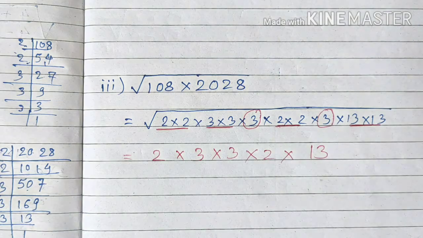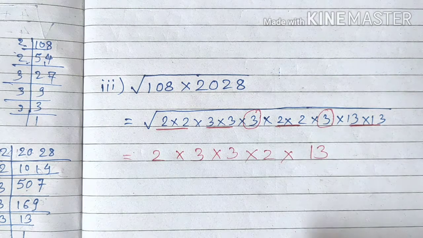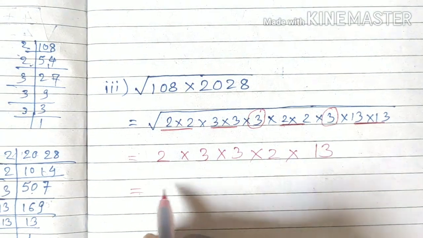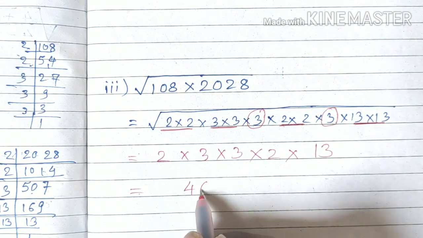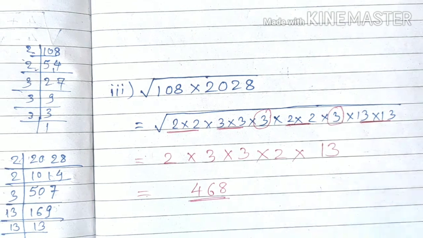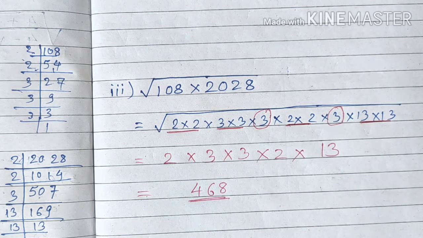Correct? So these are the paired numbers. And when we multiply all of these, what are we getting? 468. The multiplication is 468. So this is the final answer. Okay.